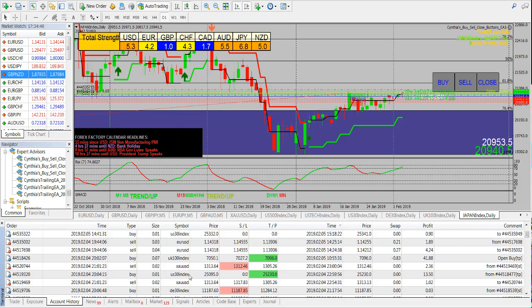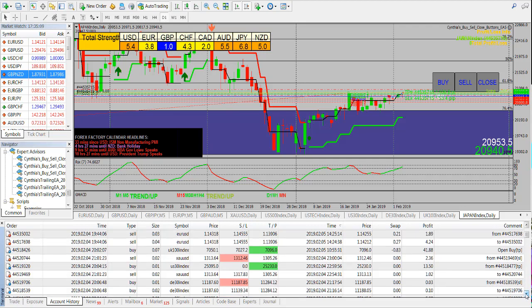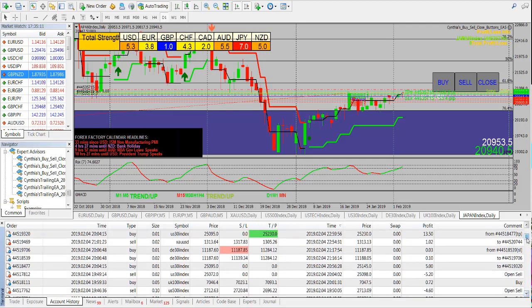Same thing happened with my US 30 index. Actually, the US 30 index never places the stop loss and take profit, so you have to manually add those in. It's only the US 30 index if you're going to trade the US Dow CFD, and it hit take profit. And then my trades were pretty good during the morning.